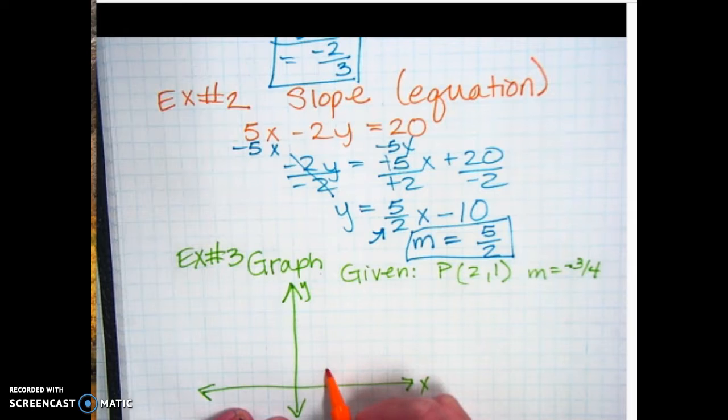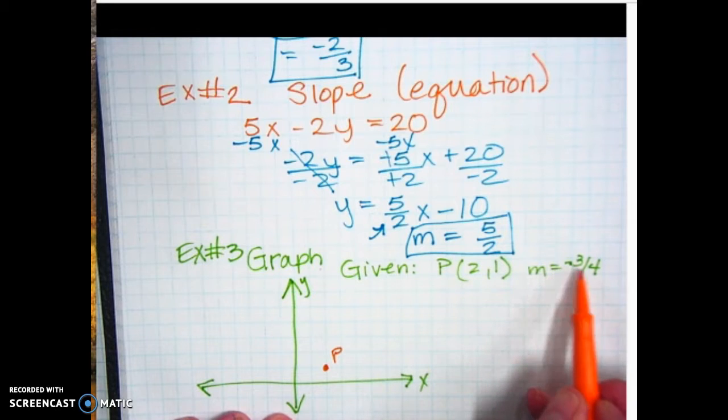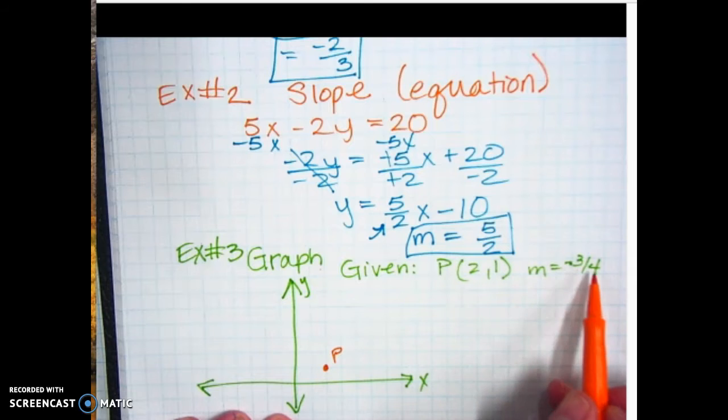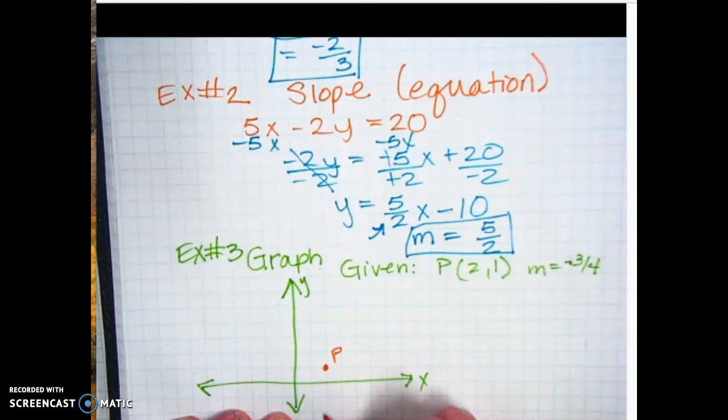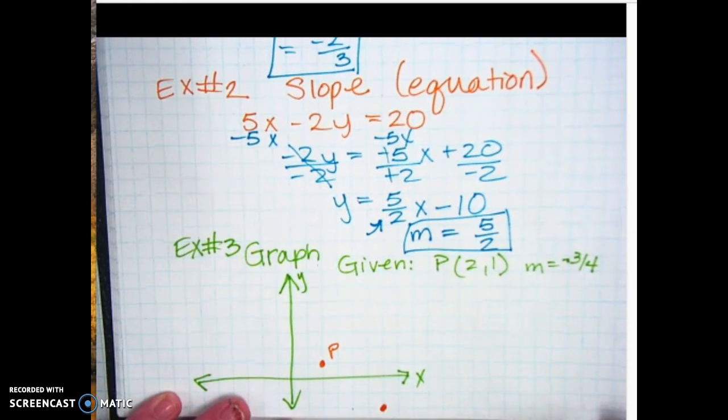So go 2 to the right, up 1. Call that P. From there, you've got -3/4. So you're going to go down 3 and over 4. 1, 2, 3 over 1, 2, 3, 4. What's usually important when you're graphing lines is where it crosses the y-axis.